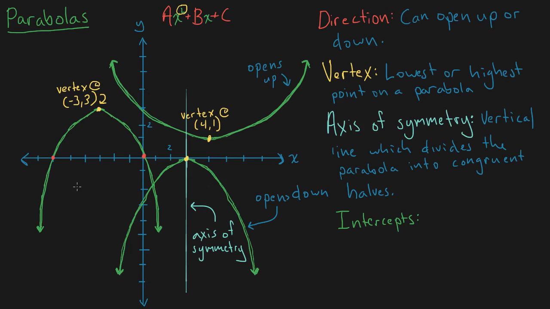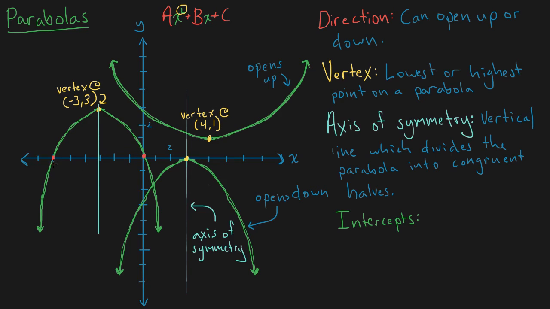The helpful thing about the intercepts of a parabola is that they are always an equal distance from the axis of symmetry. If I were to draw the axis of symmetry of this parabola, it would be right here, and we'll just pretend that goes right through that tick mark there. The x-intercepts are going to be an equal distance away from that axis of symmetry.